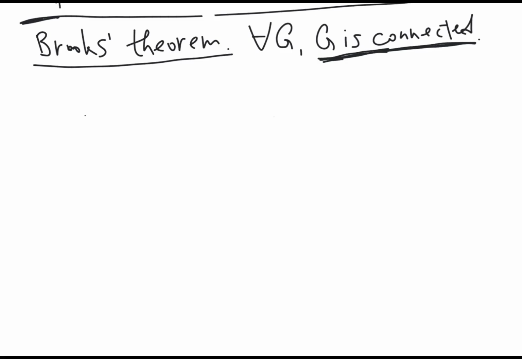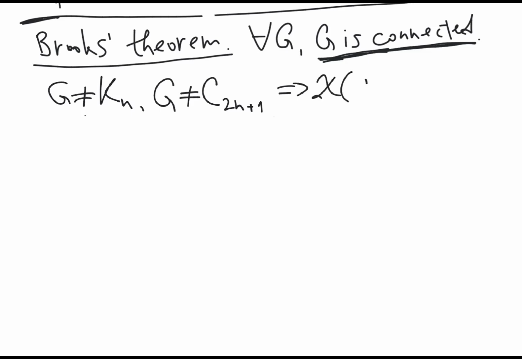So for any graph G that is connected, and G is not equal to the complete graph Kn and G is not equal to an odd cycle, it follows that the chromatic number of G is less than or equal to the maximum degree of G. So, without plus 1. Basically the general upper bound is improved by 1.